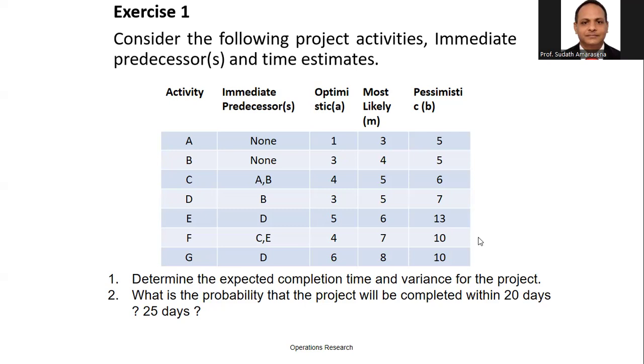Likewise, you can apply a shortcut method. No need to write one by one, just get the value, but it is better to calculate the correct value, right? The middle value 8 should be multiplied by 4 is 32, plus 10, 42 plus 6, 48, divided by 6 is 8. Likewise, you can calculate the expected time for each activity.